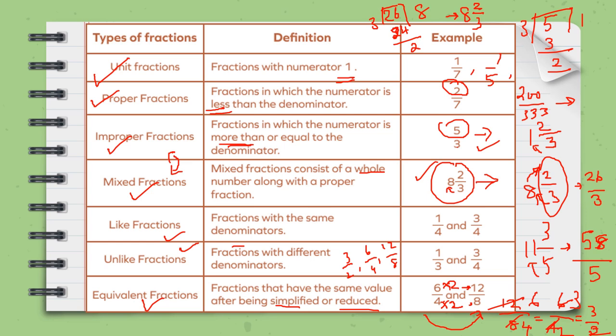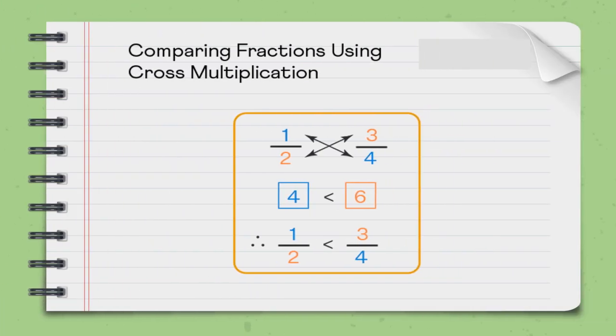Okay, so now let's move on to comparing fractions. See, this is the only method which is applicable for every fraction type. Whatever fraction type you take, you can just compare using the cross multiplication technique.